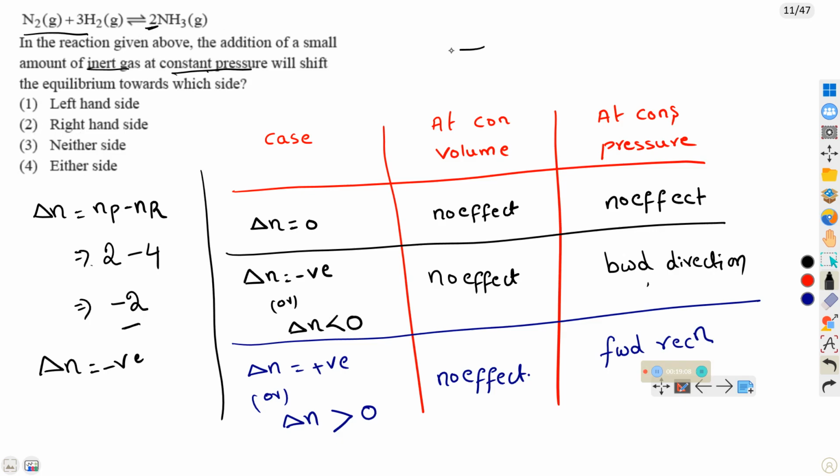Backward reaction means right hand side to left hand side. So backward direction, here note down, backward direction or left hand side. Forward direction or right hand side.